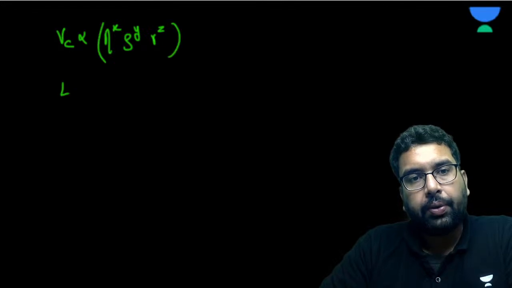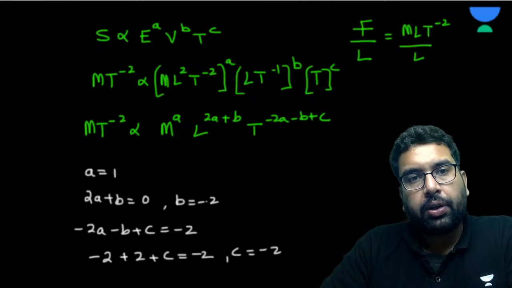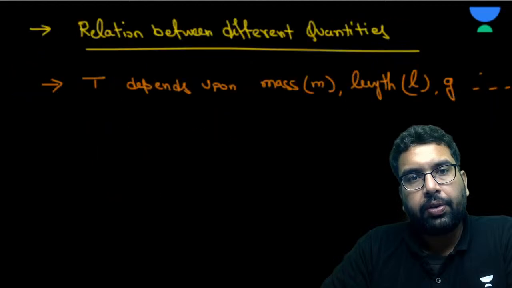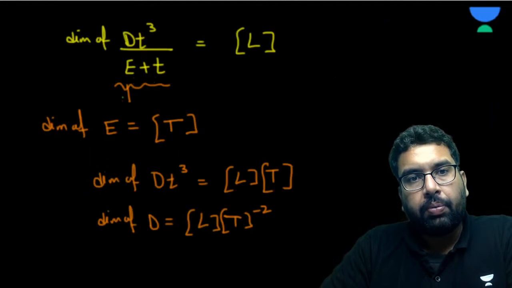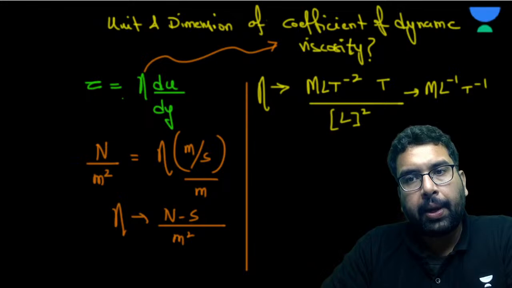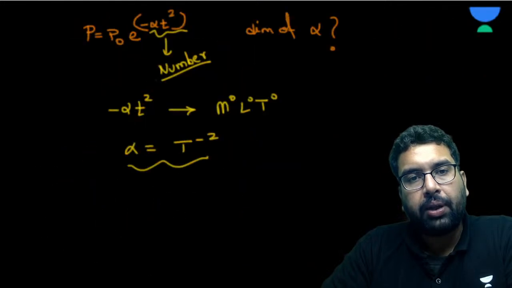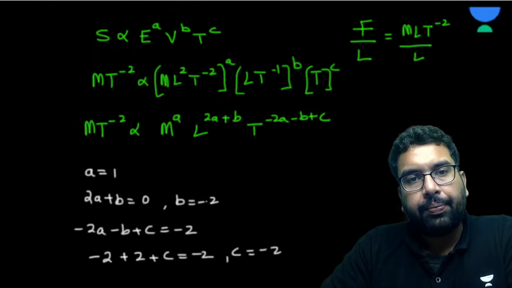Okay, so this is going to be L T minus 1. Right, so what is this eta? Eta is coefficient of viscosity. So we just now have found the coefficient of viscosity, no? The formula, right? M L minus 1 T minus 1. So we can use that.